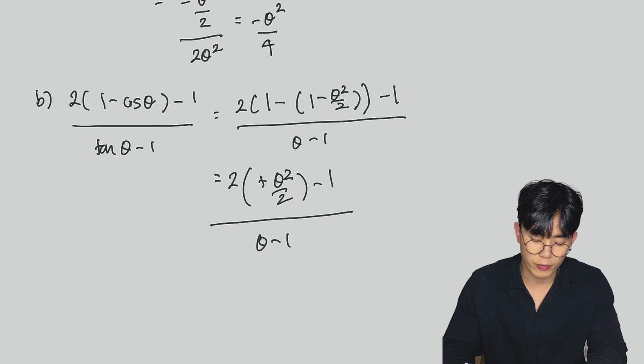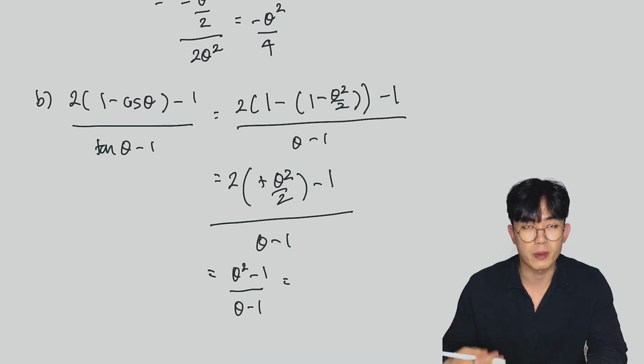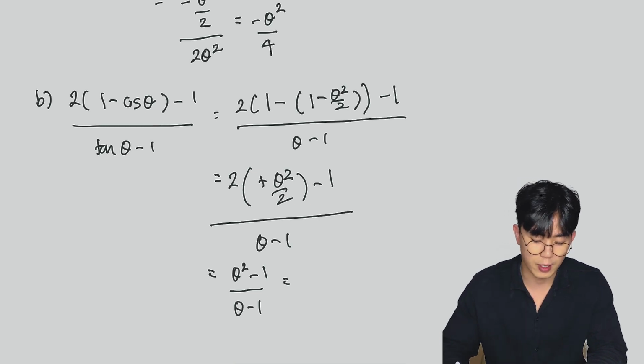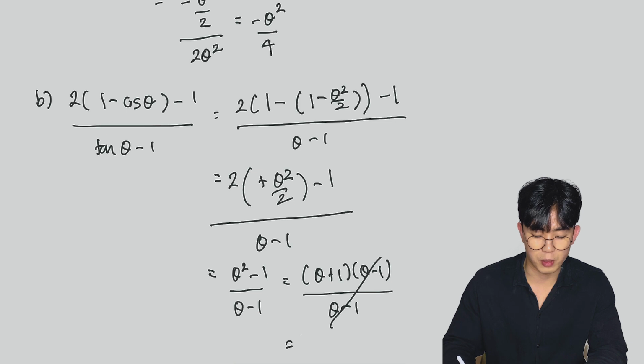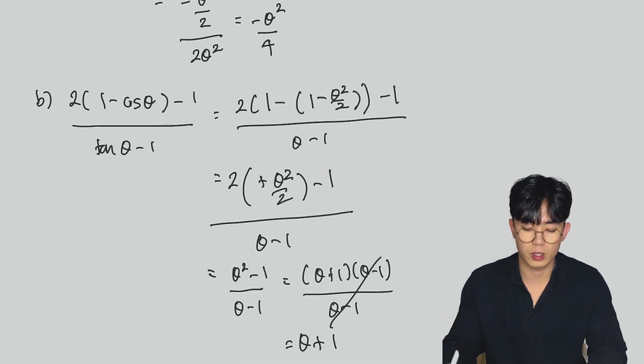So this will become theta squared minus 1 over theta minus 1. Here I can now simplify even further by factorizing it. So this would be theta plus 1, theta minus 1, over theta minus 1, which means this will cancel out and you'll be left with theta plus 1, like so.